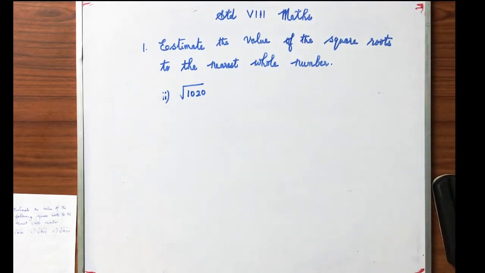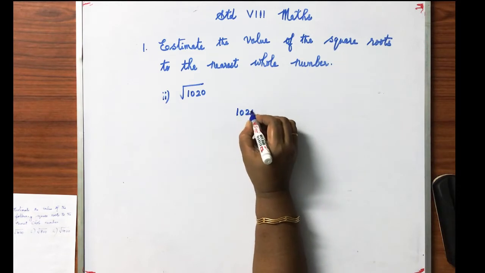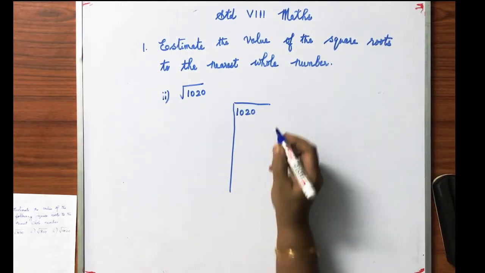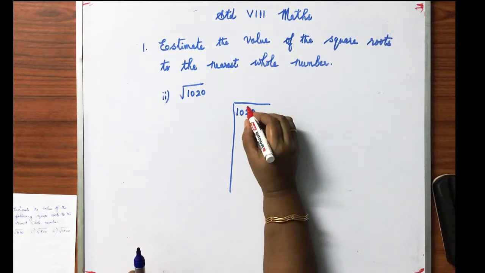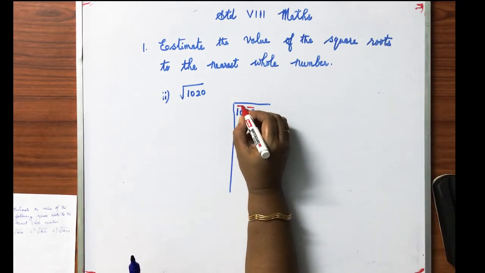So we have to find out the square root using long division method. So 1020, we have to draw lines like this. Next step is we have to pair the numbers from ones place. So 20 is the first pair, start from ones place, and 10 is the second pair.